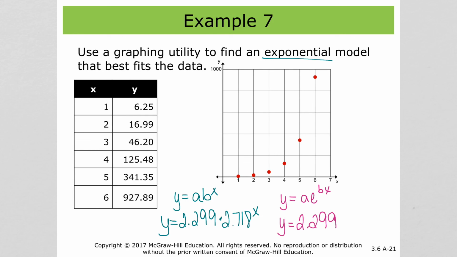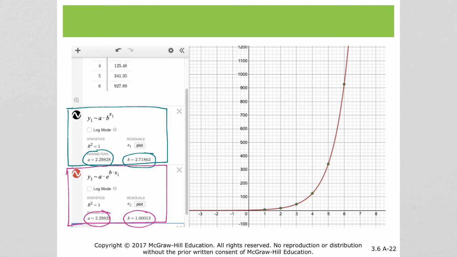Notice how the constant out front is the same. Times e to the 1.00013 times x. Which one matches better? Both of them have r squared of 1, so either of them will work and give you the exact same answer.